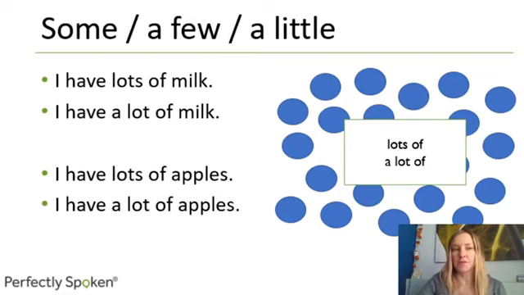And I have another example here. I have lots of milk or I have a lot of milk. The meaning is the same, and we use both, okay? There's no difference. Lots of, a lot of.